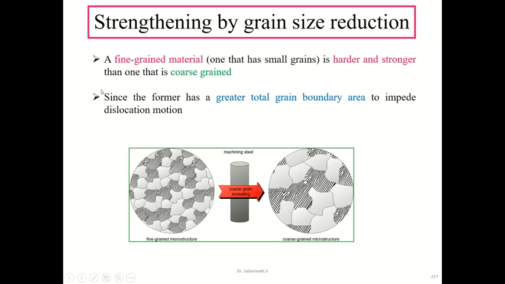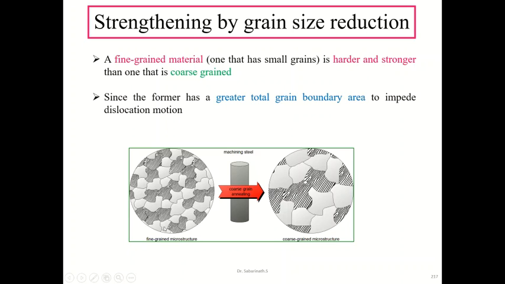That is written here. A fine grained material, that is one that has small grains, is harder and stronger than one that is coarse grained, since the former has a greater total grain boundary area to impede the dislocation motion.